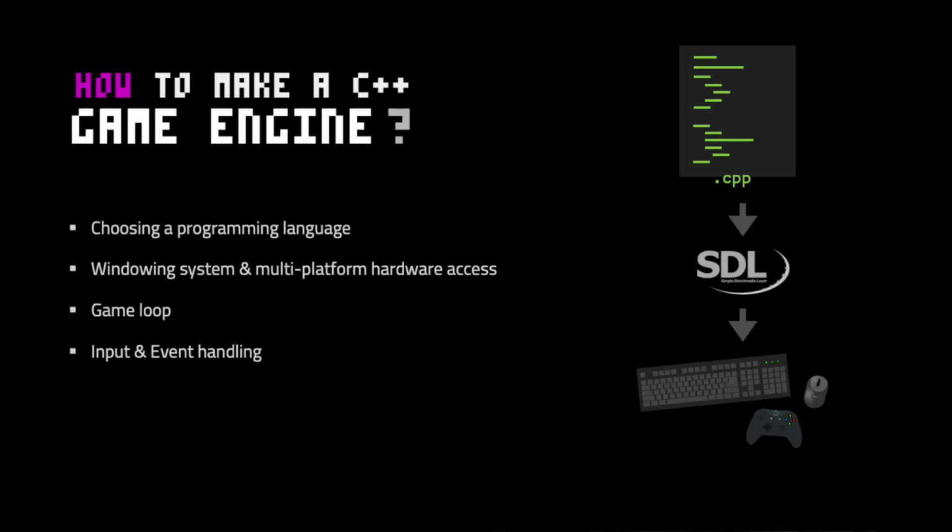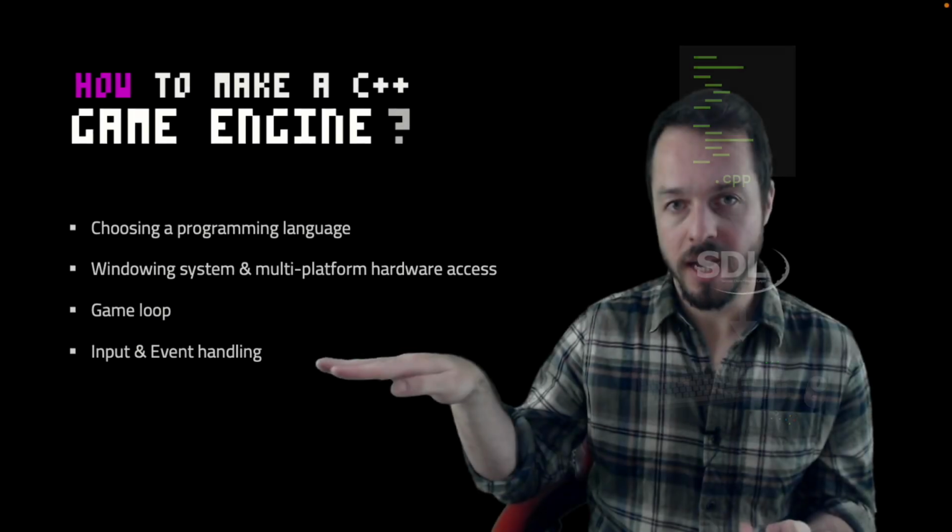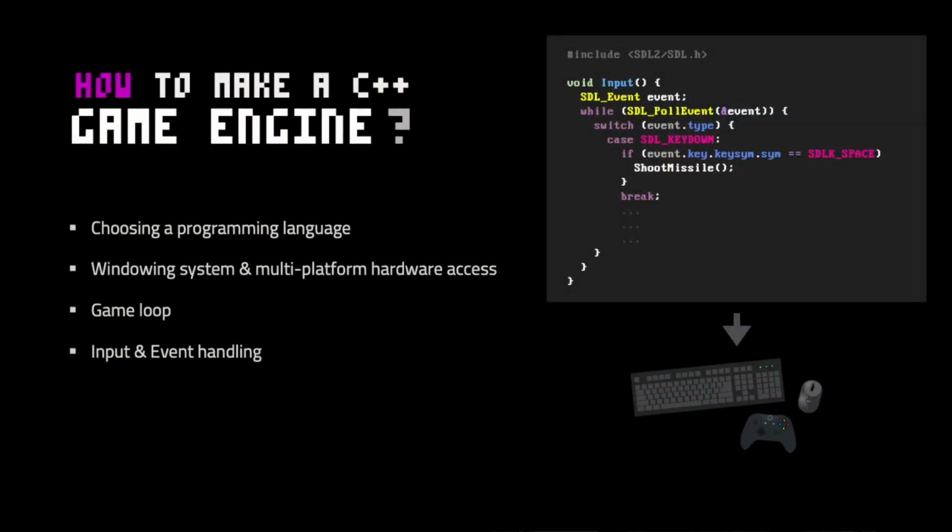The same way that we have the windowing system, input and event handling, we can use SDL, for example, right? All you have to do with SDL is saying SDL get event, and then if the event is key down, and if the key down is space bar, then I do something, right? Then I can shoot a missile in my game. It's as simple as calling an SDL function to process and check if that event is what you want. So input and event handling is usually the next thing that I do whenever I'm creating a game engine.